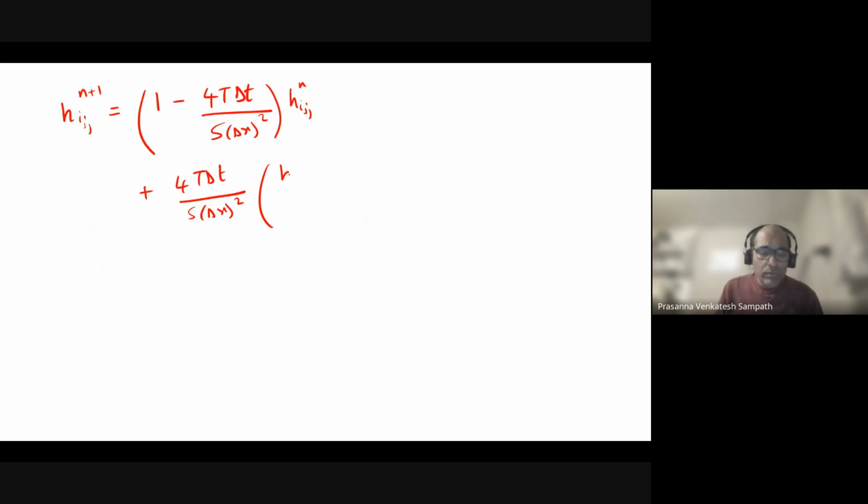1 minus 4 T delta t divided by S delta x square, this whole thing times h i comma j at the nth time step, plus 4 T delta t divided by S delta x square into, this is h i minus 1 comma j, i plus 1 comma j, i comma j minus 1, i comma j plus 1, whole thing divided by 4.